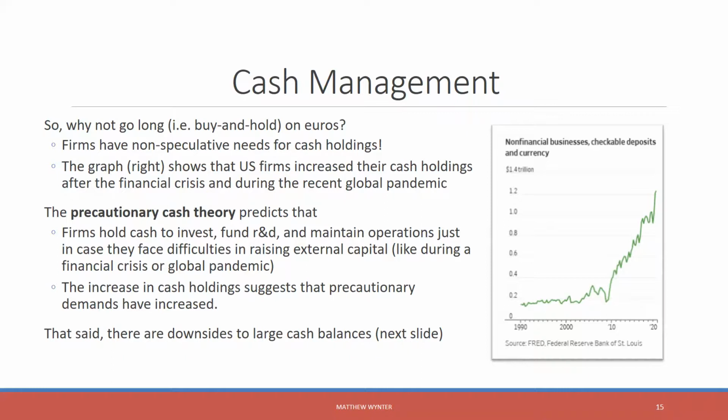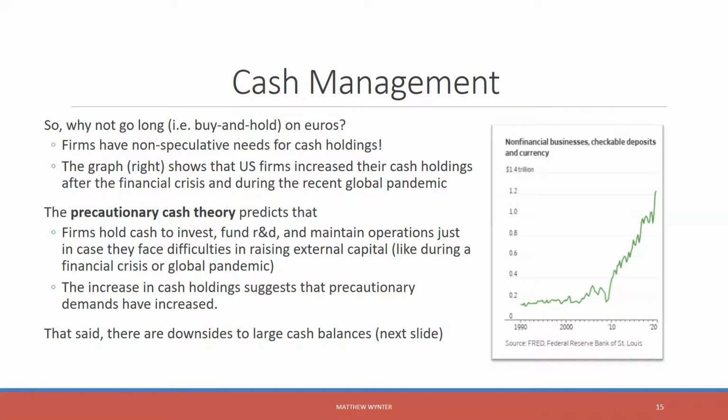So if there are periods when it's hard to go to the capital market, to sell stock or issue bonds, like during a financial crisis or a global pandemic that you expect to be tough, then you hold on to some cash as a way to fund those operations and meet your demands when you can't access external capital markets.